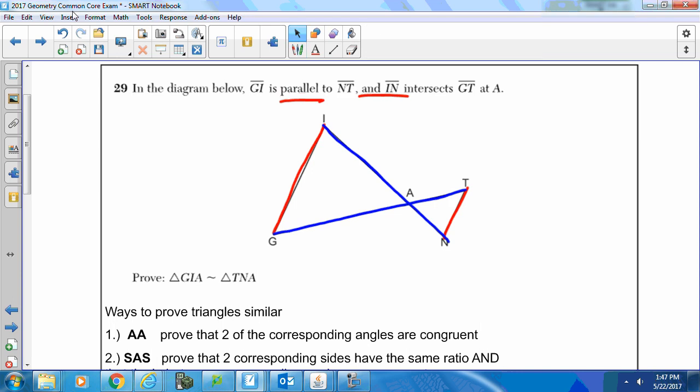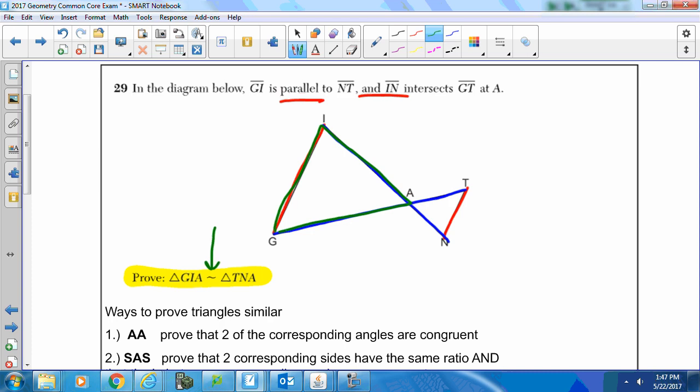First of all, what are we trying to prove? That's a very good thing to go over. We are trying to prove that triangle GIA, which would be this one, is similar to triangle TNA.